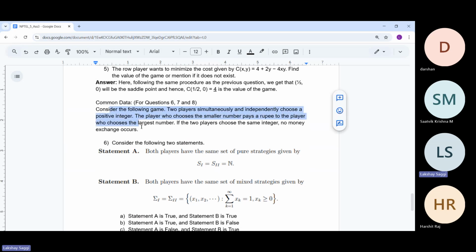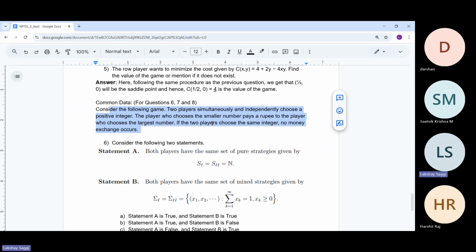So we are given the following game: two players simultaneously and independently choose a positive integer. The player who chooses the smaller number pays a rupee to the player who chooses the larger number. If the two players choose the same integer, no money exchange occurs. So basically, both players will choose some integer, and the one who chooses the larger integer will be the winner.